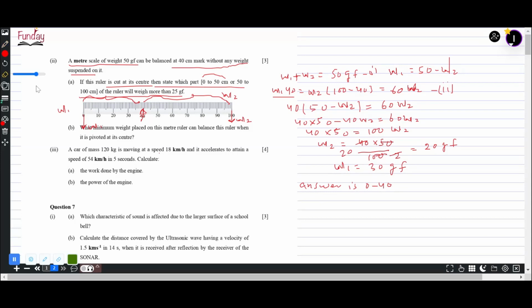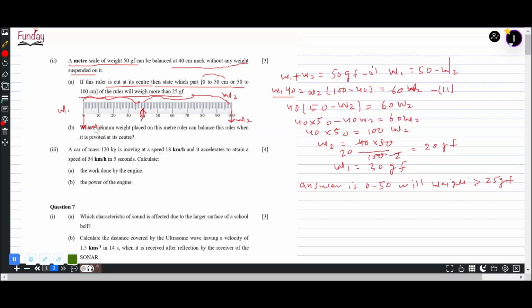We'll use their word. So we'll say 0 to 50 gram will weigh more than 25 G. First question is answered.